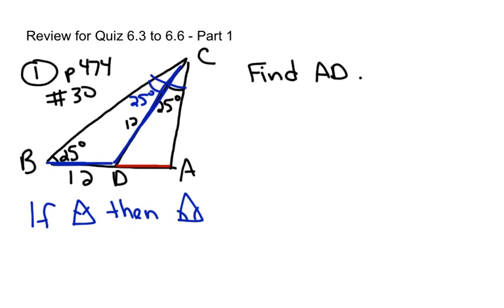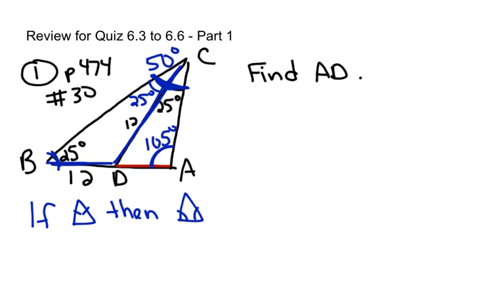So now this big angle up here is 50 degrees. Well, in the big triangle, triangle CBA, if this is 50 and this down here is 25, I'm going to subtract those from 180 to find out that this angle over here is 105.